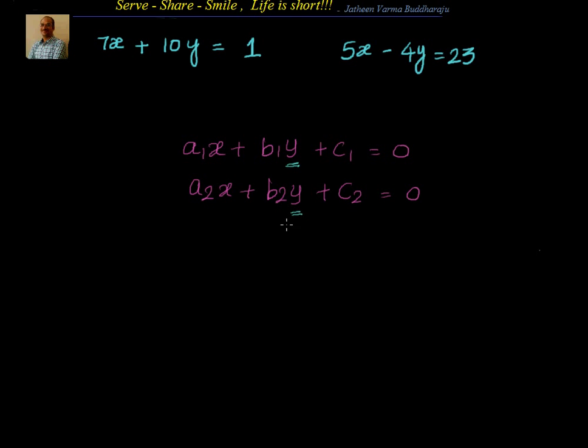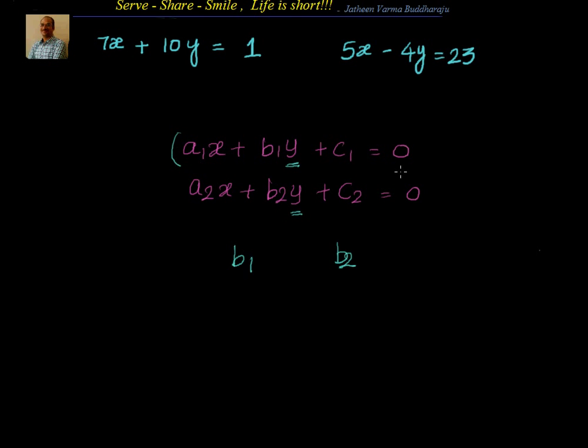If I want to eliminate the variable y, I should have the coefficient of y equal in both the equations. For that, what is the coefficient of y in the first equation? b1, and the second one is b2. So I have to make both b1 and b2 equal.